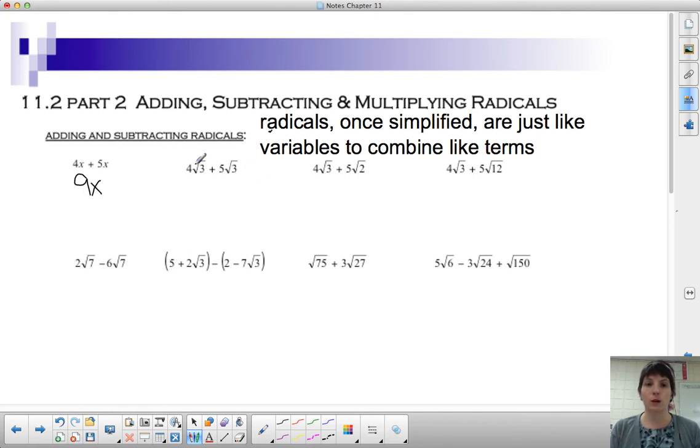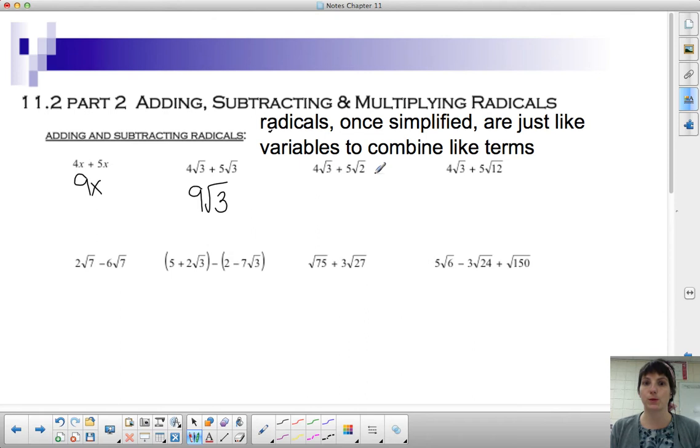So it's the same as doing 4x plus 5x. In this case, we end up with 9, and the variable, instead of being a letter, is a radical, square root 3.